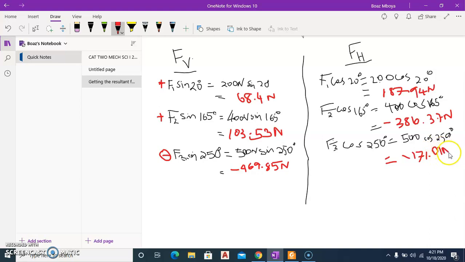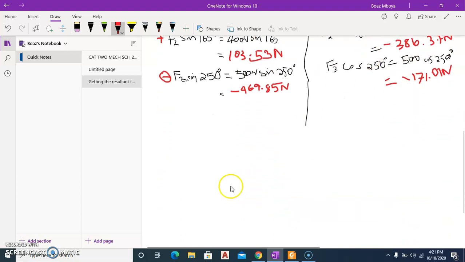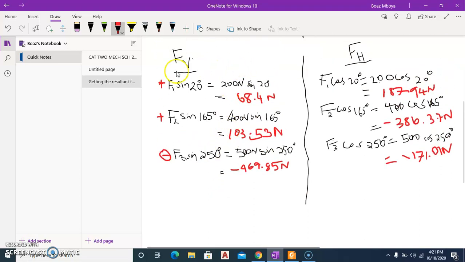So once you are done with getting the vertical and the horizontal components, we go ahead and add all these on one side and add this on another side.